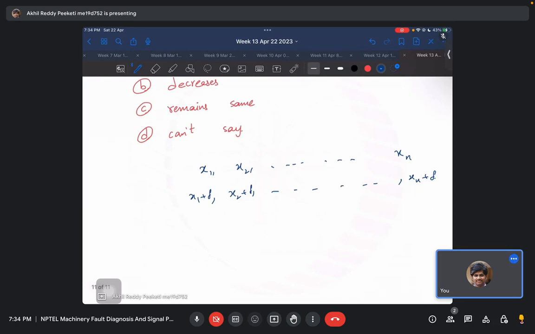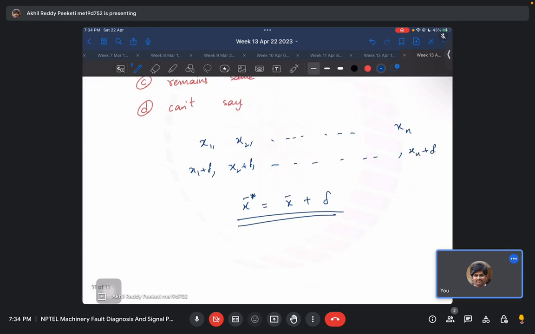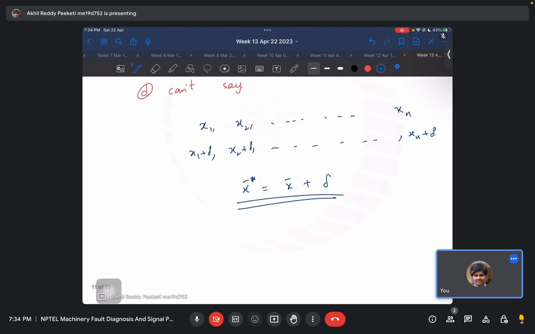When you do that, the mean would also change by delta. When you calculate the variance, the difference would be the same as the original xi minus x bar.